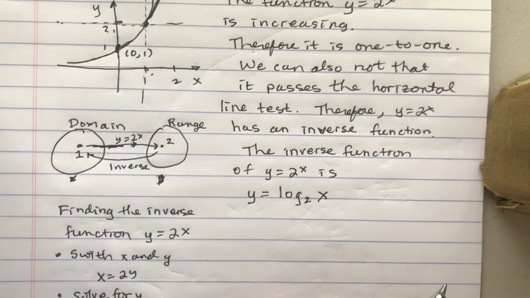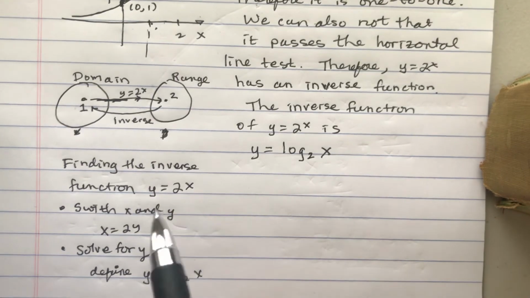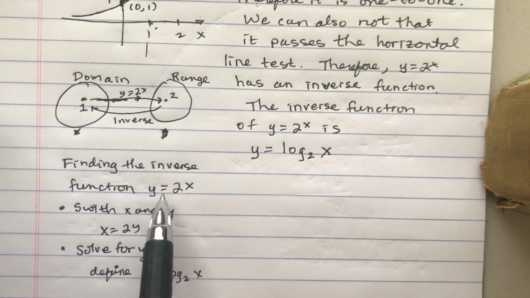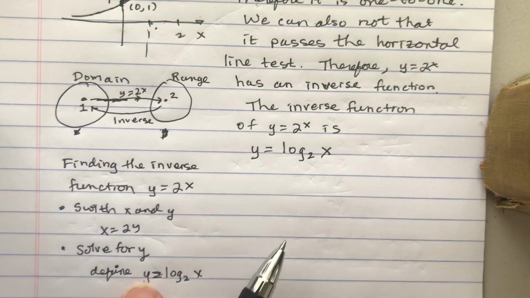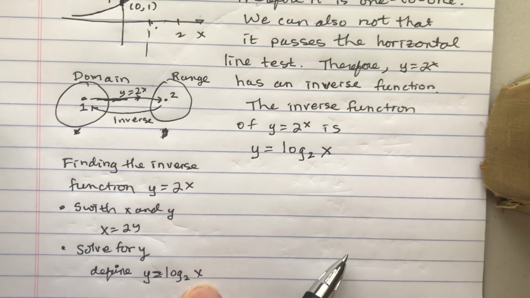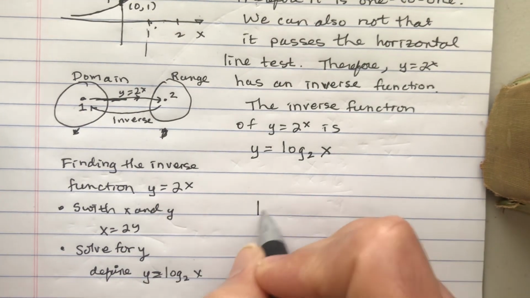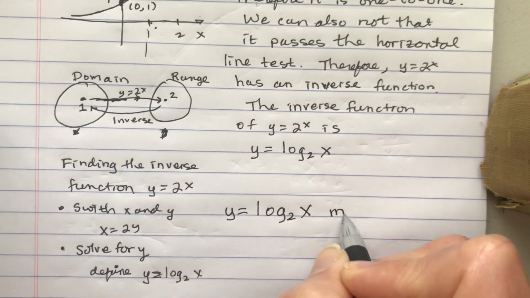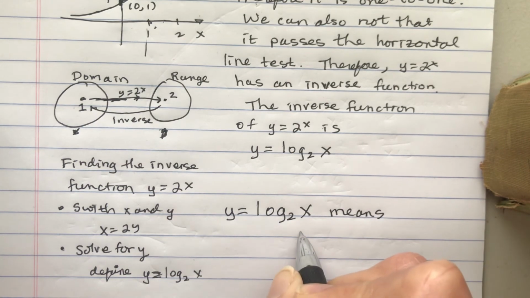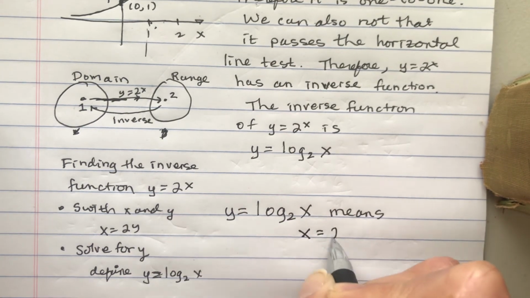Now, if we try to find the inverse, which we've done in other sections, the step-by-step process is you switch x and y, and then you solve for y. But when you get to x equals 2 to the y, you cannot find y by adding or subtracting or dividing or multiplying. Instead, we have to define a new function, which is y equals log base 2 of x. So y equals log base 2 of x has the exact same meaning as x equals 2 to the y.